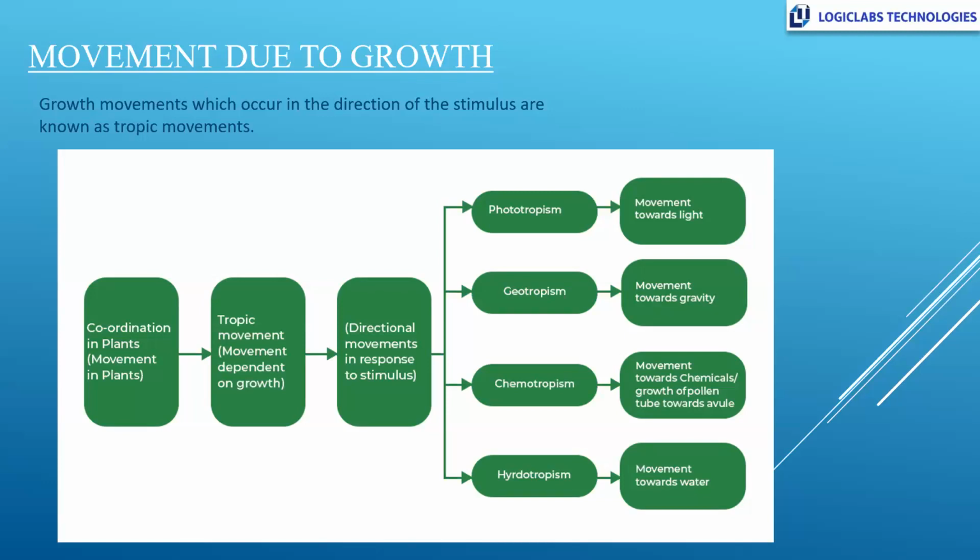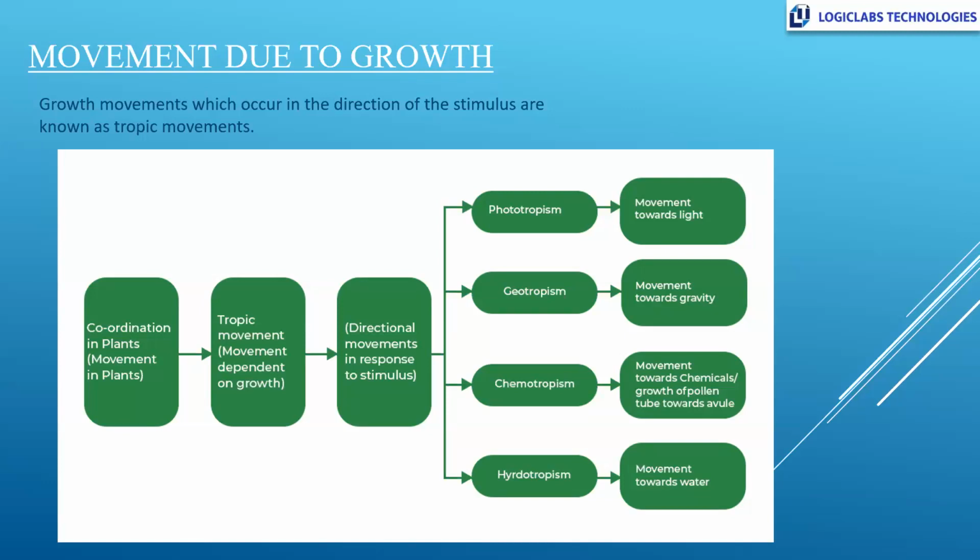Tropic movement. Movement is not like how we human beings move from one place to another, or animals move. In plants, there is some movement like drooping off, or the straight standing of a plant.